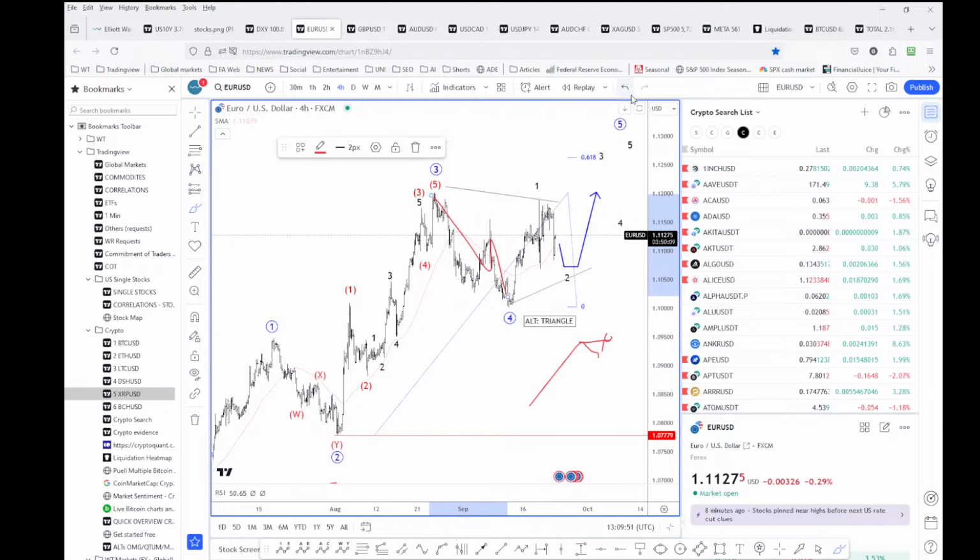That was an ABC pullback, and now we are trying to stabilize, and possibly a triangle, if we stay in this range for slightly longer, could still be an option here. So I think these upside levels and targets are still very valid, unless we suddenly drop back below 1.10, then I think something else is going on here and it could be a bit tricky. But for now, because we held these key levels, I just think that more upside is certainly possible here.